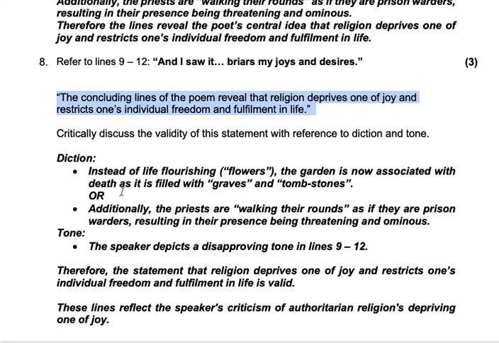The concluding lines of the poem reveal that religion deprives one of joy and restricts one's individual freedom and fulfillment in life. Critically discuss the validity. Is it valid? Is this statement valid? Do you agree? And you need to refer to diction and tone in your answer.